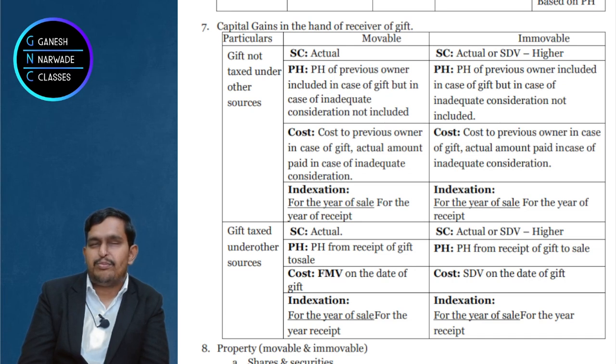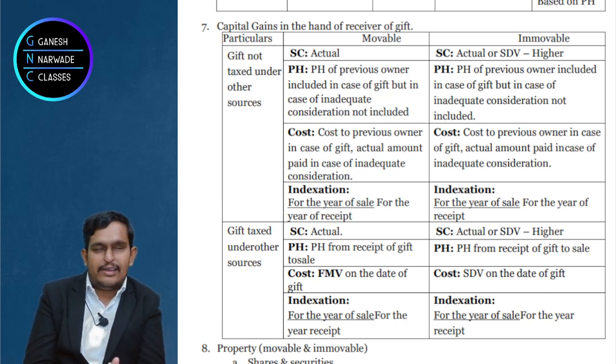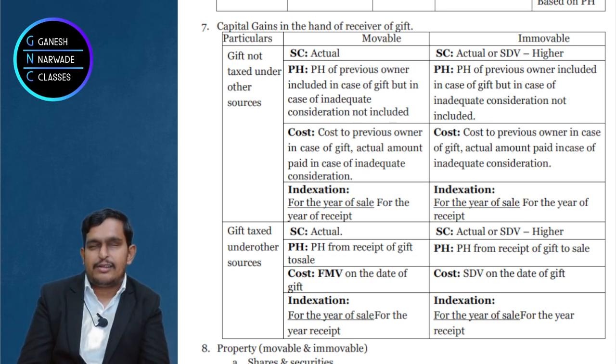This point you should be able to recollect. So the receiver of a gift, is it taxed under other sources, more than 50,000? If yes, then the treatment is different. Not taxed under other sources, treatment is different. Suppose it is taxed under other sources, then what will you do?